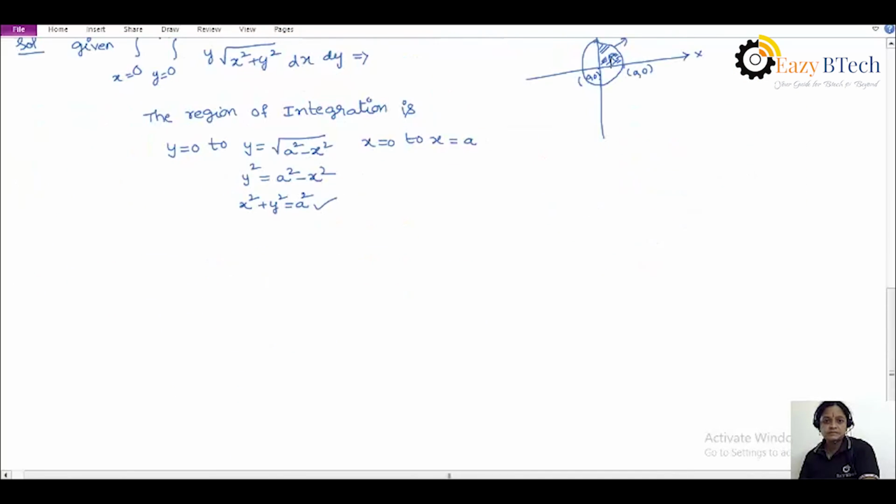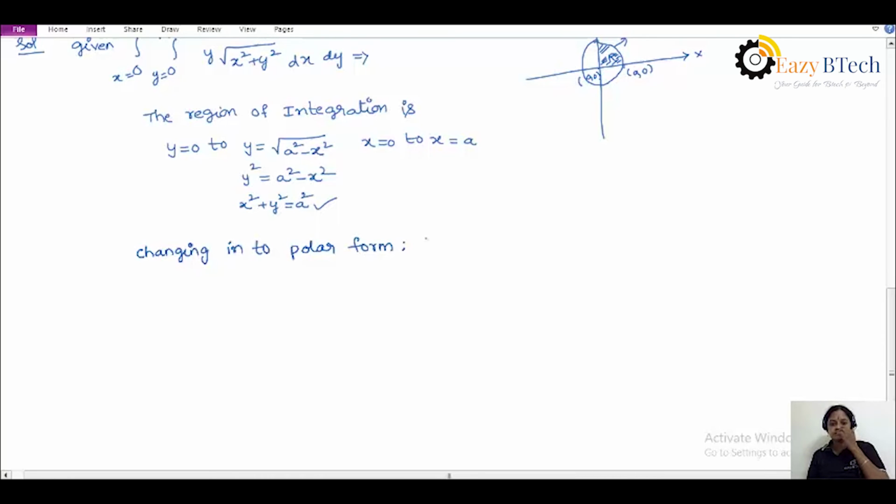So how can you say that it is in Cartesian form? Because the question consists of x and y variables. Okay, then changing to polar coordinates, changing into polar form.